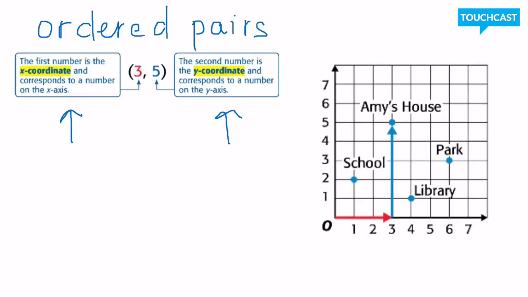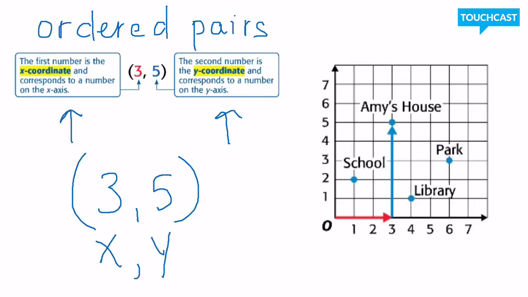If we look at point 3, 5, we can think 3 is our x-coordinate, 5 is our y-coordinate. If you look at the red and blue arrows, you can see the point 3, 5 already marked.